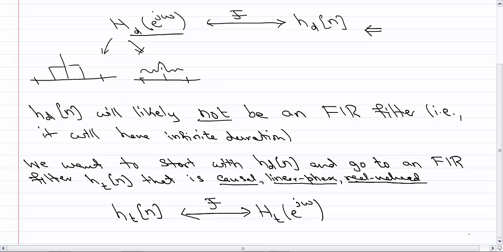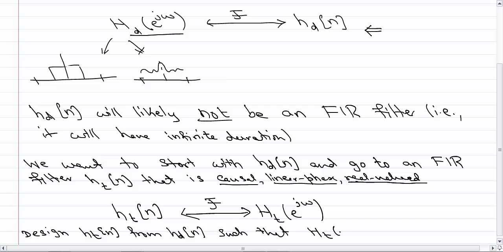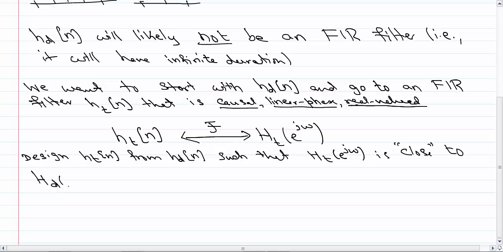But our goal is that our new frequency response should be as close to the ideal one as we can get. So our goal is to design h_T of n from h_D of n such that H_T of e to the j omega is close to the desired frequency response H_D of e to the j omega. Okay?